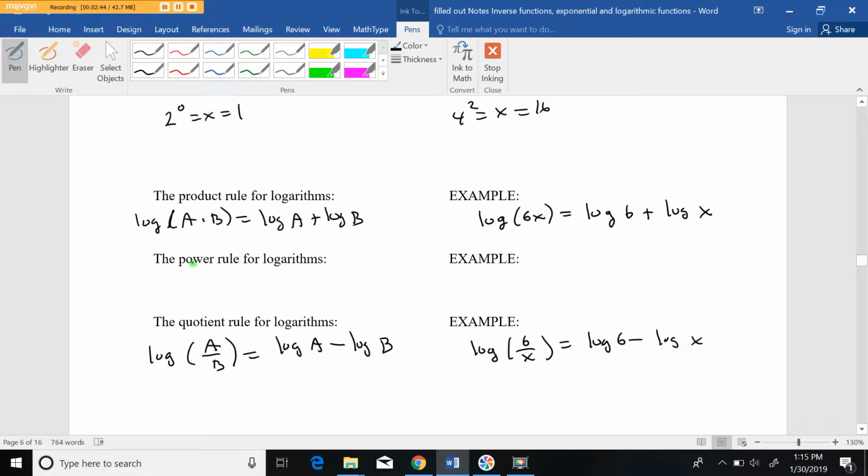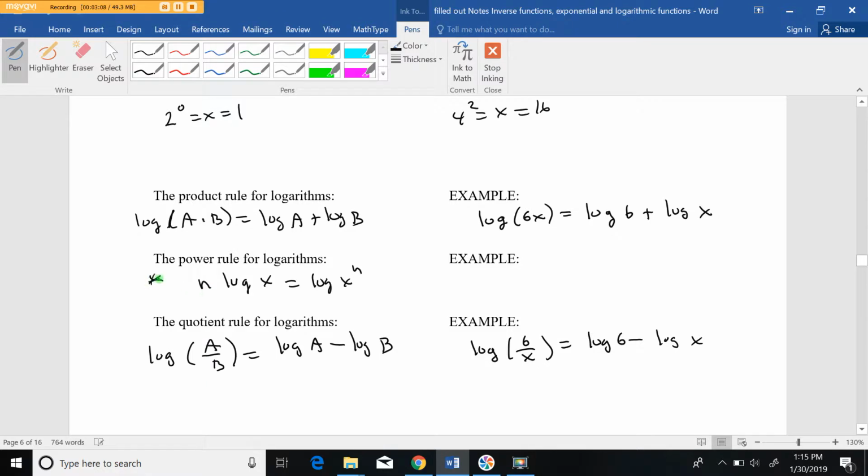Okay. Power rule for logarithms. If I have some sort of log, like with a number in front of it, like n times log x, this number can be written as the power of x, so this is equal to log x to the n. So I like to think about it like this: log of something to a power, the power can come out in front.